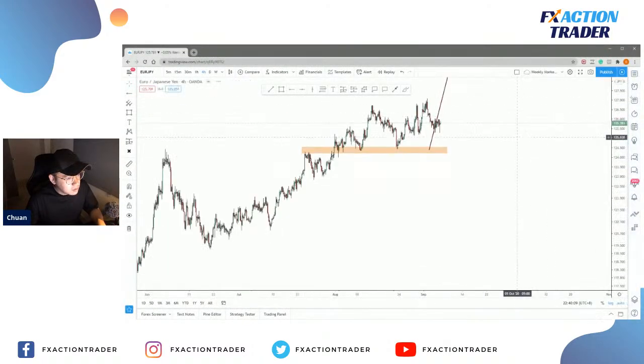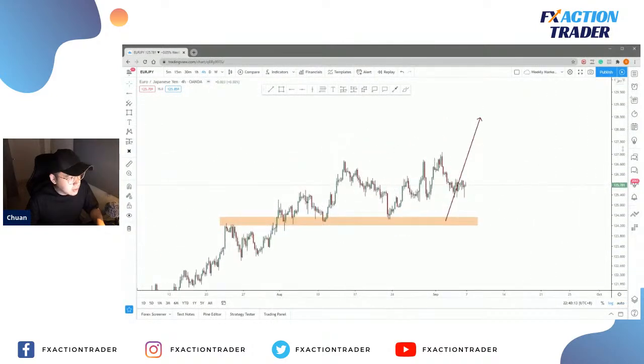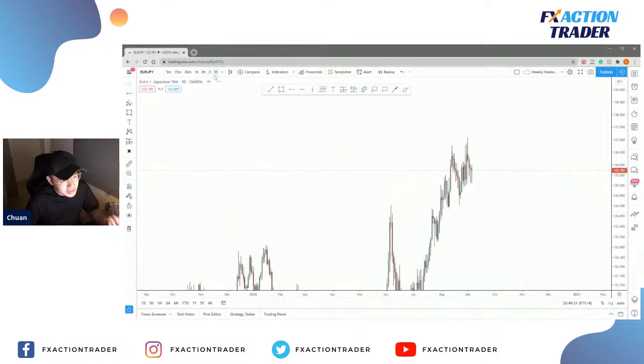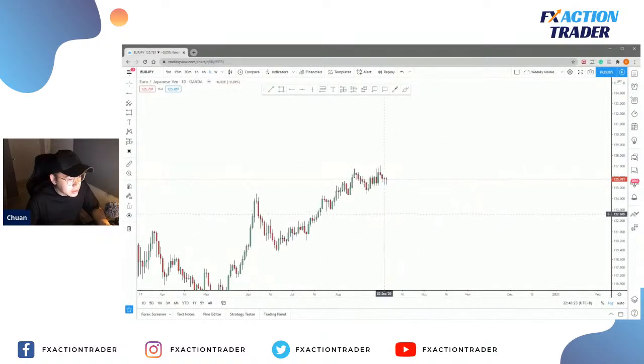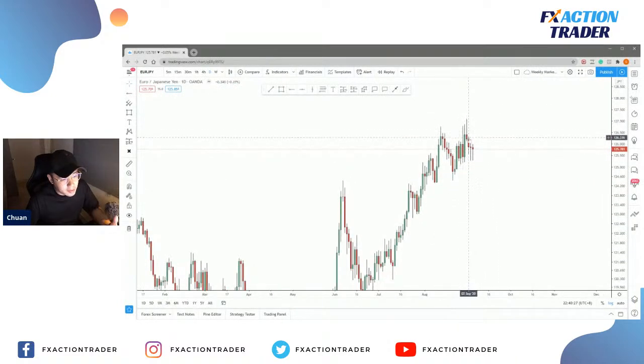Okay, for the euro yen. Last week we forecasted that the market is likely to retest this level, but the market didn't. So if we start from daily, we just don't assume that this is a double top pattern, because we need some criteria to be fulfilled in order for this kind of market structure to be a valid double top pattern.